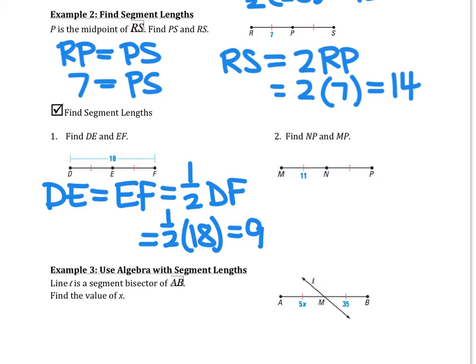The first one, you're trying to find the two shorter lengths. E is a midpoint. DE then equals EF, which equals 1/2 the whole length DF. 1/2 of 18 is 9.